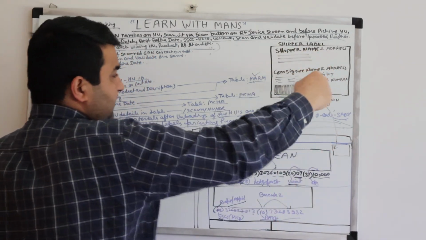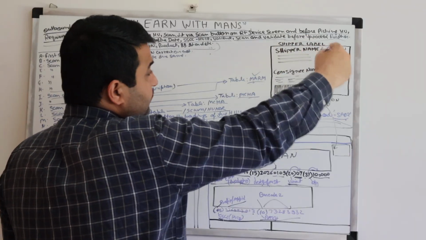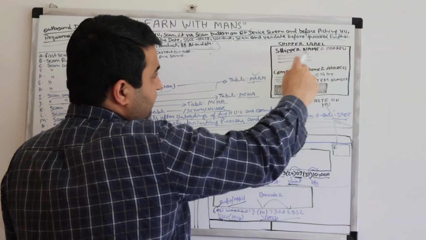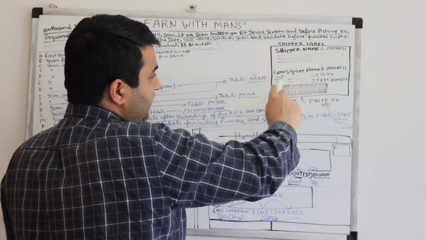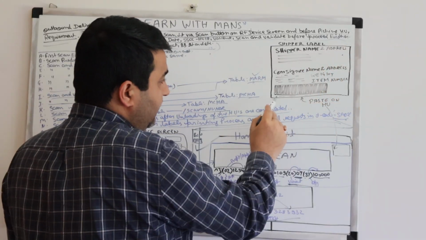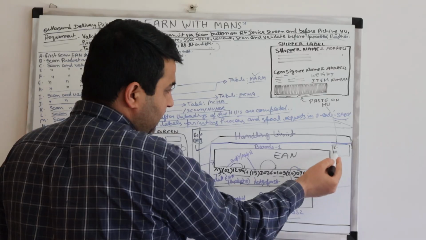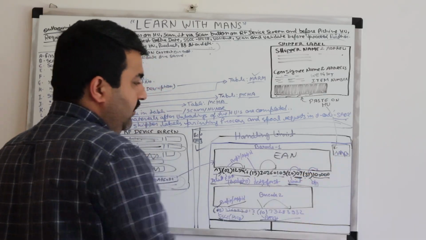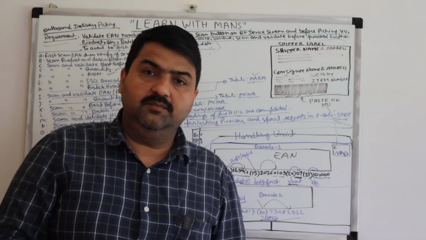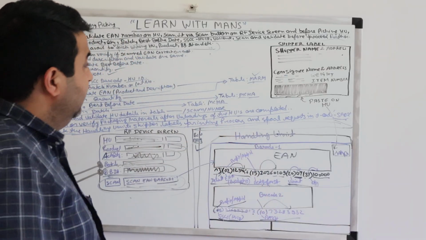There we design the shipper label using different form techniques. On the shipper label we have shipper name and address, consignee, source and destination, who is going to send and who is going to receive, and the barcode. We paste this sticker here. Then we perform the loading process for this handling unit and send it to our customer.